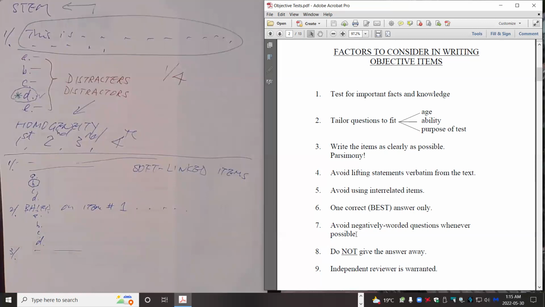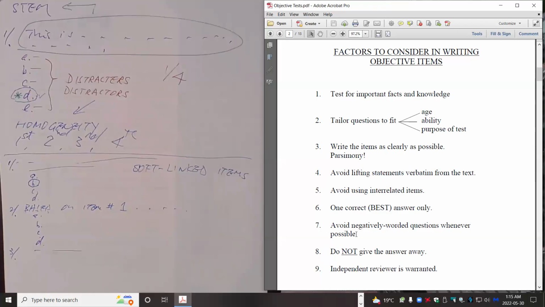Now, if negatively worded questions or items are to be used, the negative should be made explicit. There are a lot of ways to do that: by underlining, using bold type font, capitalizing, that kind of thing.